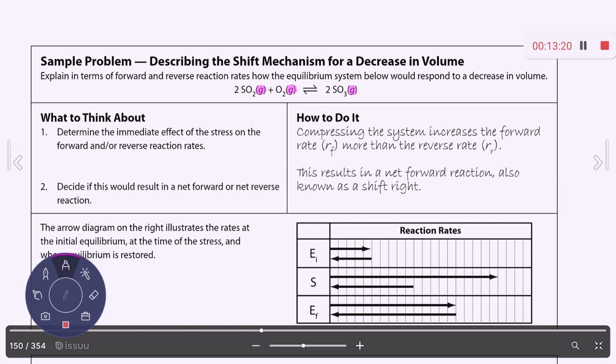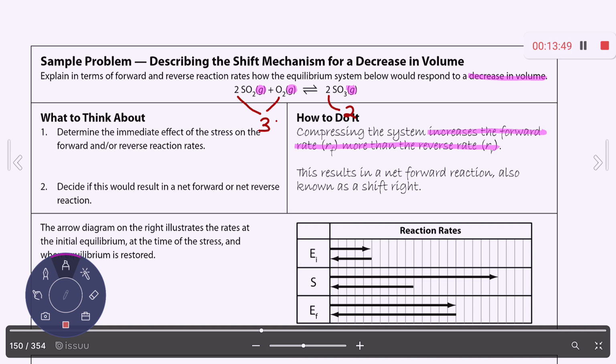Here I've got a gaseous reaction mixture again. I have 3 particles on the reactant side, 2 on the product side. They want to know what happens to the rates when I decrease the volume. When you decrease the volume, you're going to notice that the rates are actually going to increase for both of them. So if we decrease the volume, we're going to cause a greater increase in the forward rate than the reverse rate because you have more particles on the reactant side.